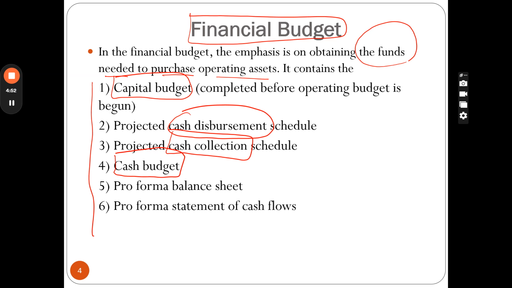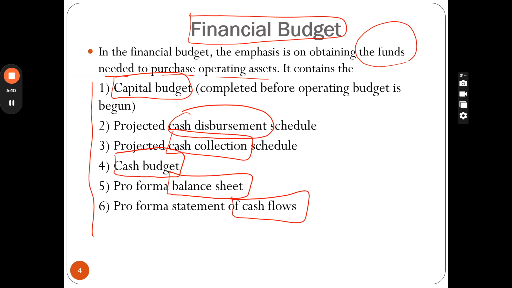All this comes under the financial budget, and once you prepare all these things, you can prepare a balance sheet, which is a pro forma balance sheet. Again, it is a forecasted balance sheet and also forecasted cash flows.